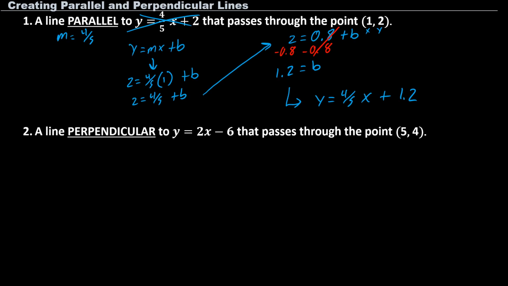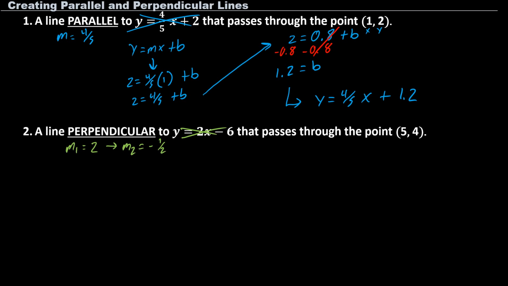Now we're going to make a line that is perpendicular to y equals 2x minus 6, and it passes through the point (5, 4). If m1 is positive 2, that means my perpendicular slope, m2, is going to be the flipped version of 2, so 1/2, and because it's positive, this is going to be negative. Again, now that I have the slope, I don't need anything else from that equation.